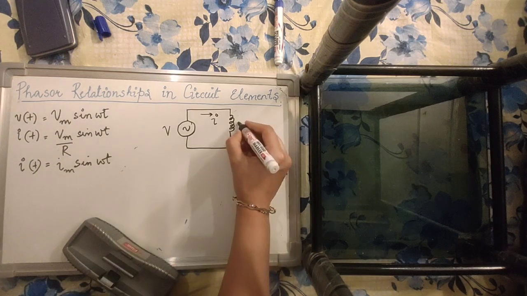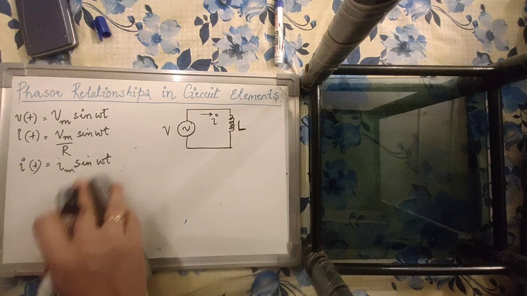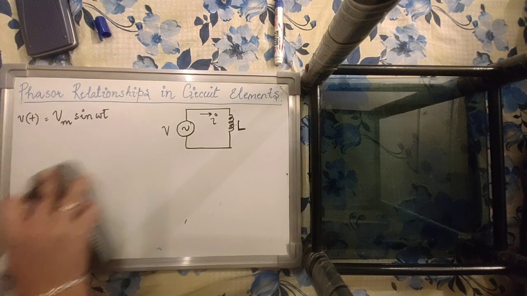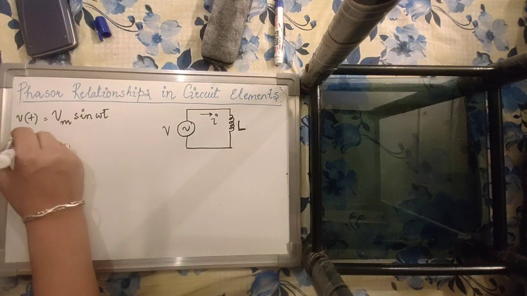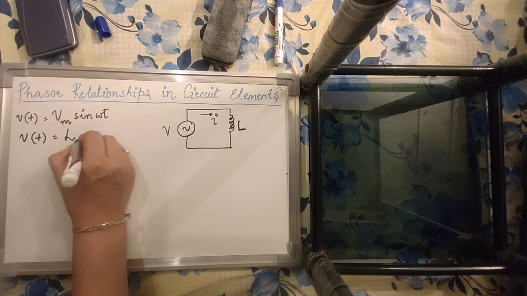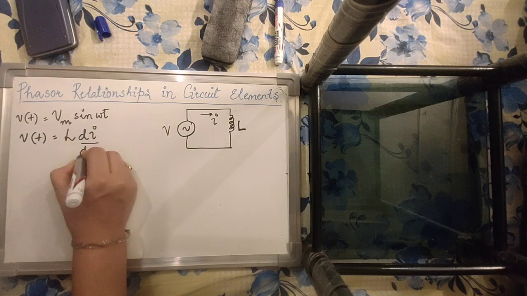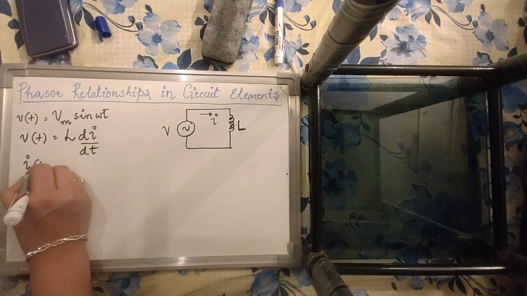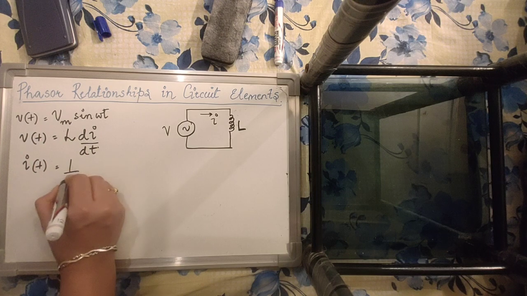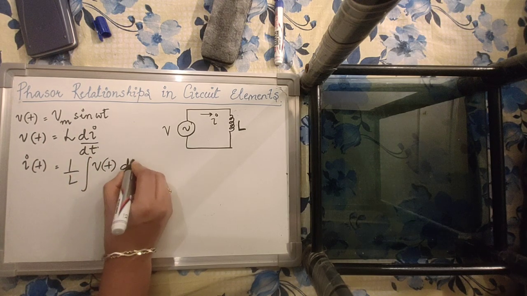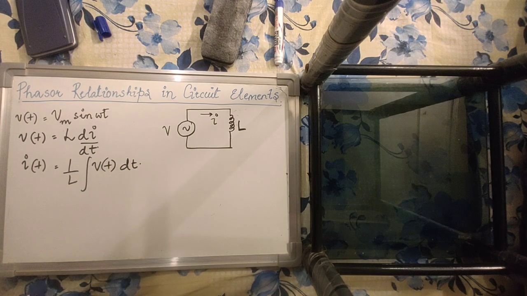Now if the element over here is an inductance which is excited by a sinusoidal source Vm sin omega t, then we know that this inductor is dictated by the relationship Vt is equal to L di by dt, right? Or I can say that the current response of the circuit is going to be 1 upon L integral of Vt with respect to t.